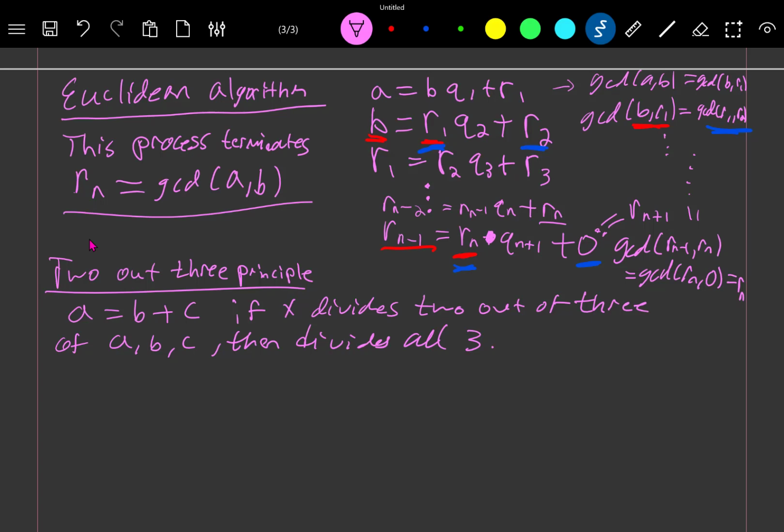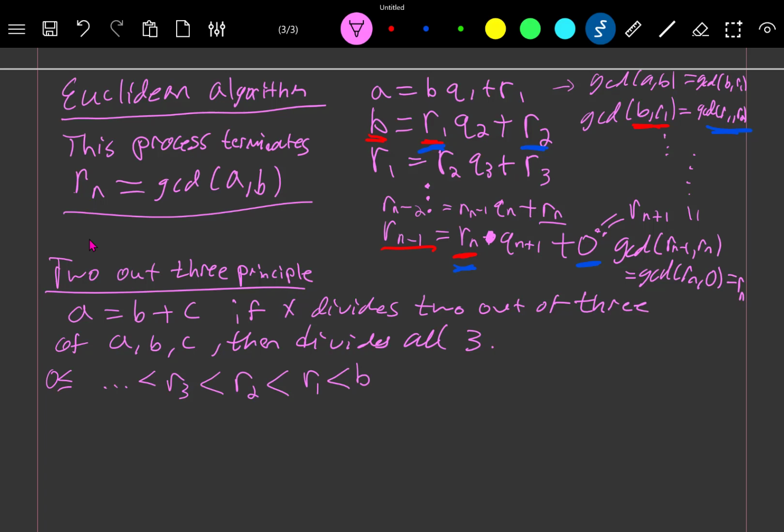But the other part that we need is, why does this process terminate? So how do we know this process will actually finish? That's just noting the following. Since A is BQ plus R1, we know that each of the non-zero remainders satisfy b is greater than r1, which is greater than r2, which is greater than r3, and so on, and all of these are greater than or equal to 0.